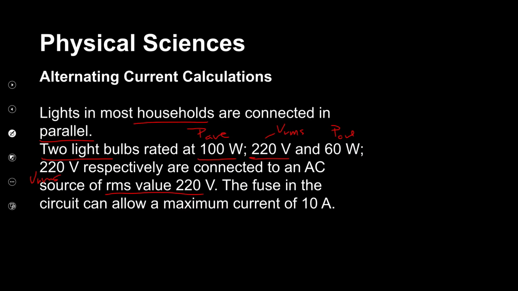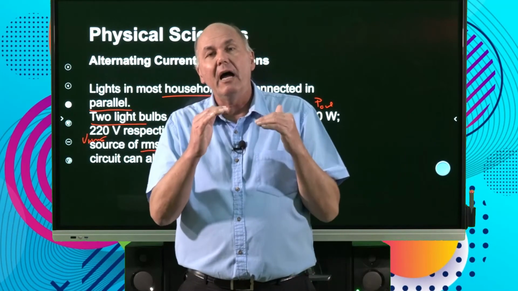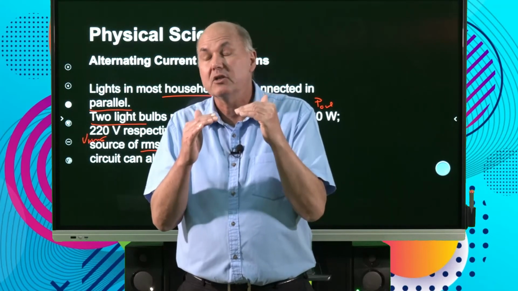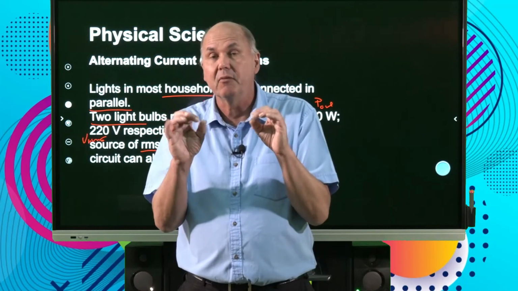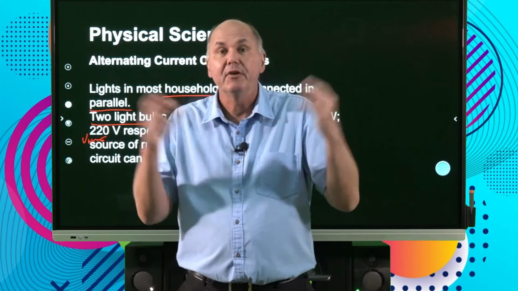However, there's a fuse in the circuit. We're going to look at the circuit diagram now that gives a maximum current of 10 amps. Now remember, a fuse is a device that if a current greater than 10 amps passes or tries to pass through this thin piece of wire, it will overheat and it will burn, and the circuit will break and everything will go off.